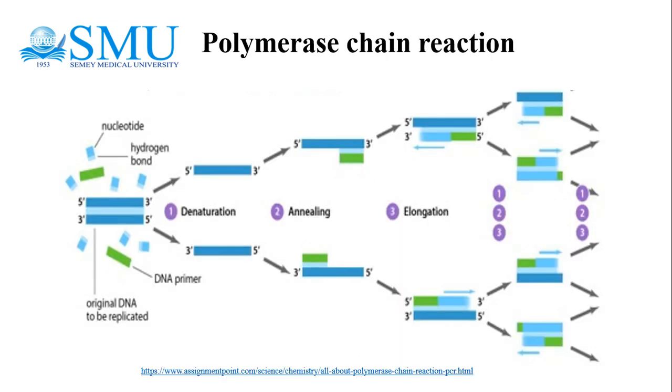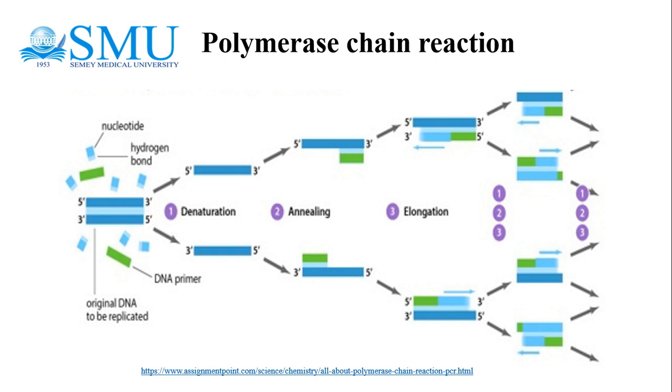And last is polymerase chain reaction. In this slide you can see steps of polymerase chain reaction. First is denaturation, second is annealing, and third is elongation.